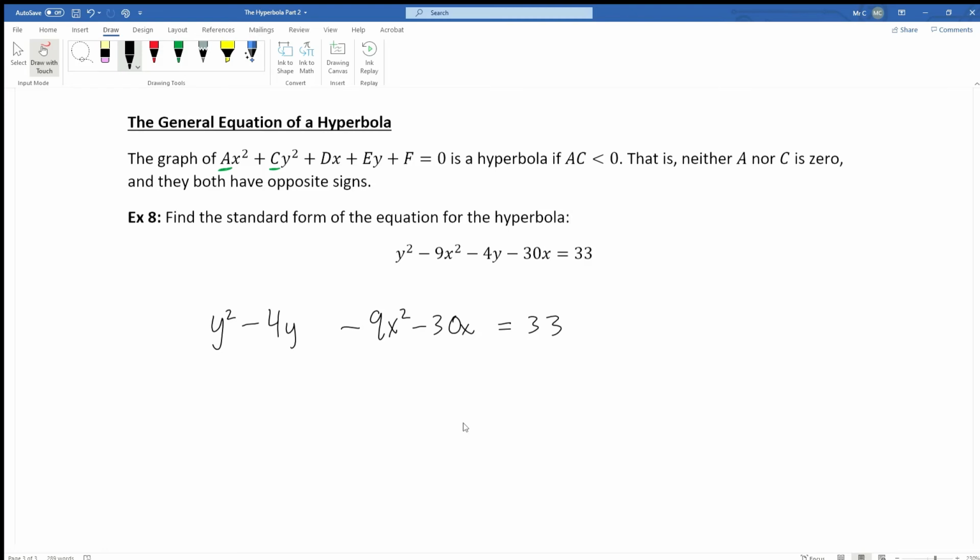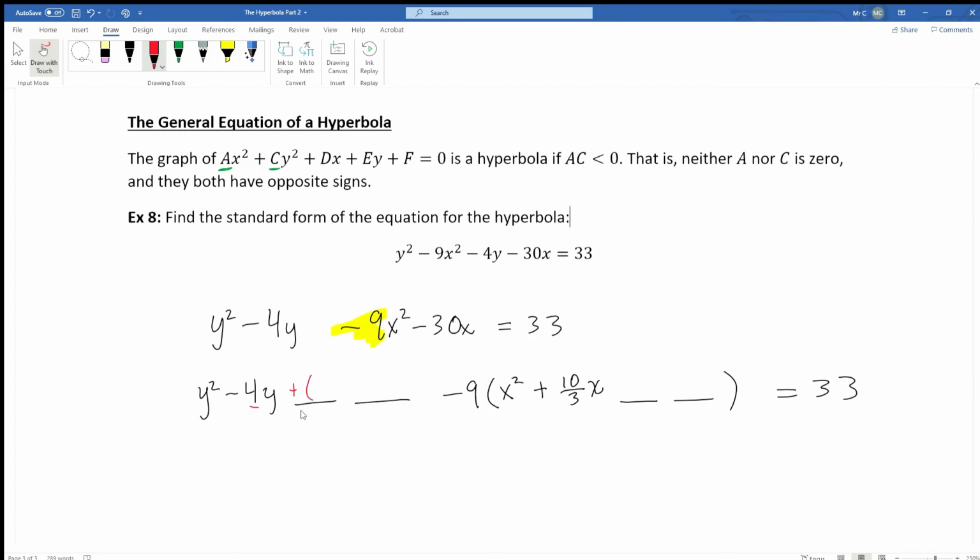And we'll go ahead and give ourselves a little gap to do our completing the square manipulation. But I have a leading coefficient of negative 9 here with my x squared, so I'm going to factor that out. So I get negative 9 times x squared plus, and 30 divided by 9 will simplify to 10/3 x. And then I'll leave two gaps here. So remember, we always add b over 2 squared.